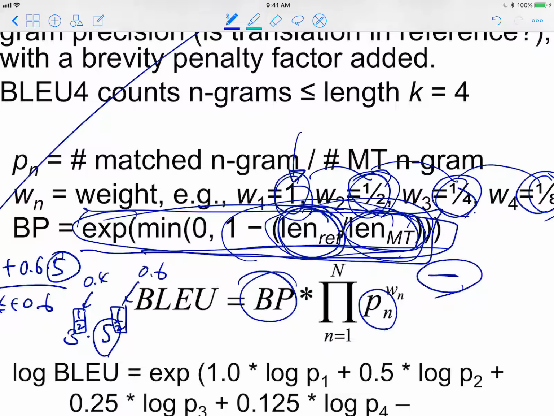So this is the case where our machine translation is longer than the ground truth. In that case the minimum value is a negative value, and the exponent of a negative value will give a weight less than 1.